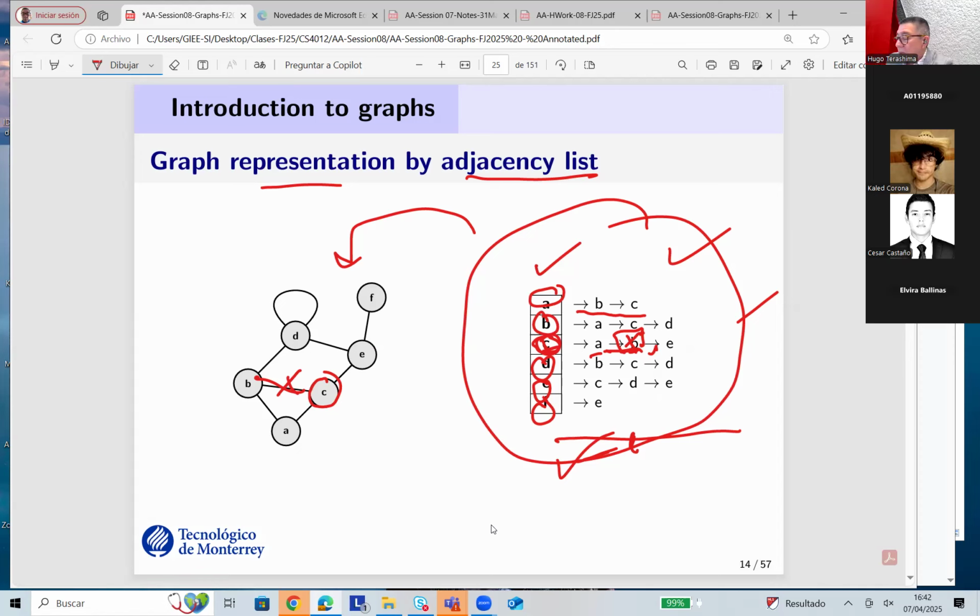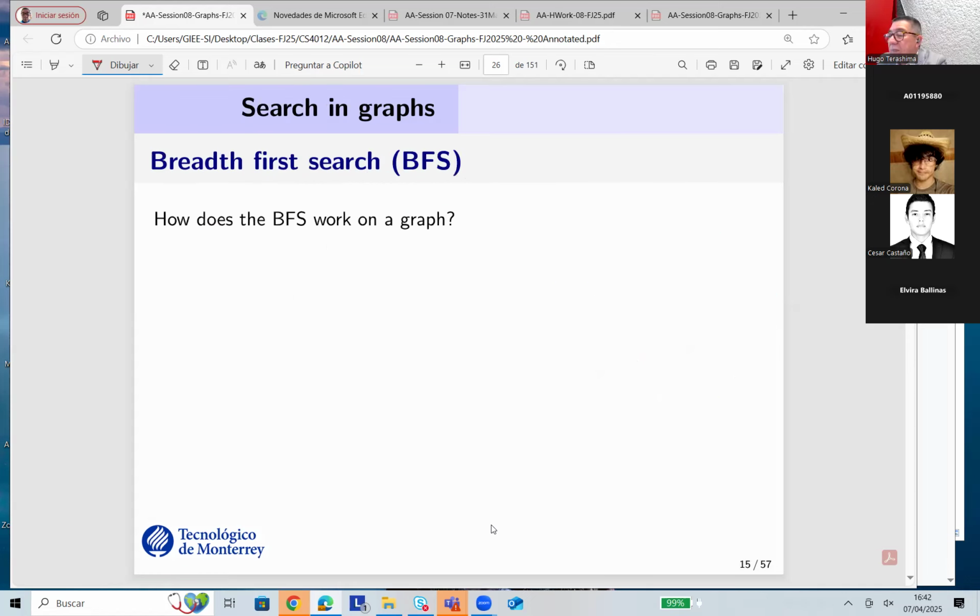But usually when we are using a graph it is these two elements, but it depends. Now we're going to move to search algorithms in graphs. And this was one question by Cesar just a moment ago.